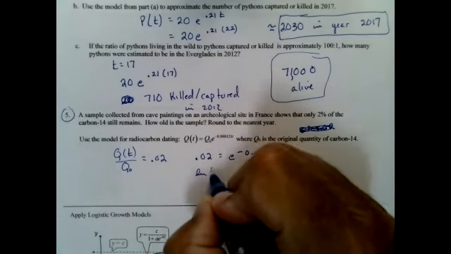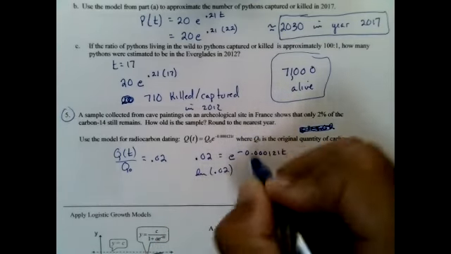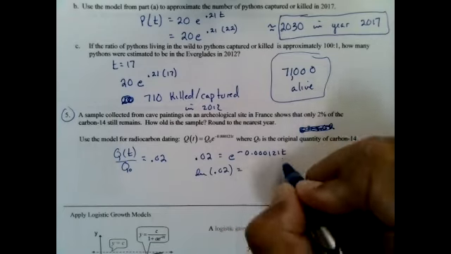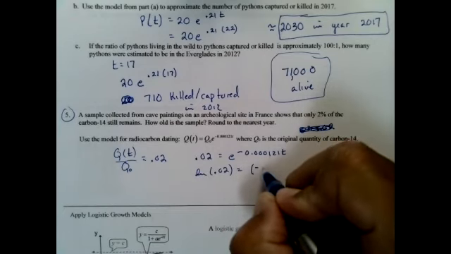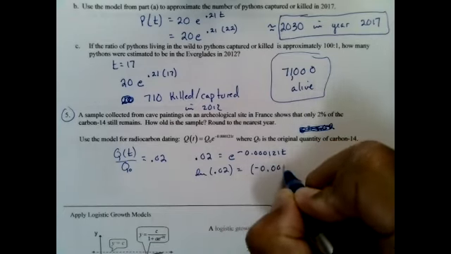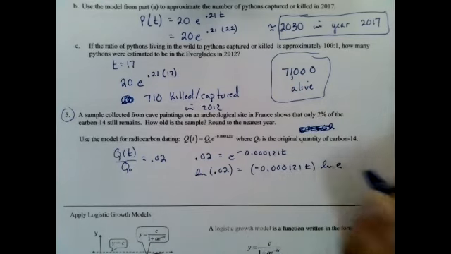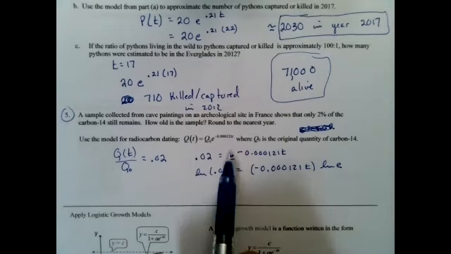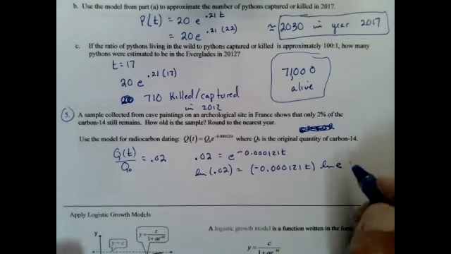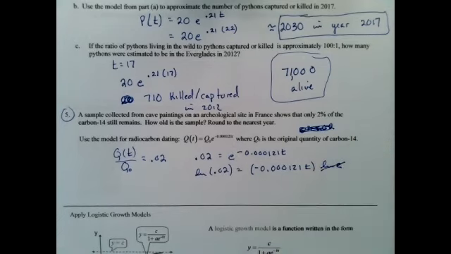Natural log of 0.02, because of the e, I can bring that exponent around: negative 0.000121 t times the natural log of e. Remember the power rule. And I also know the natural log of e is 1.